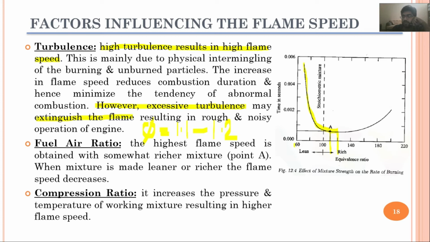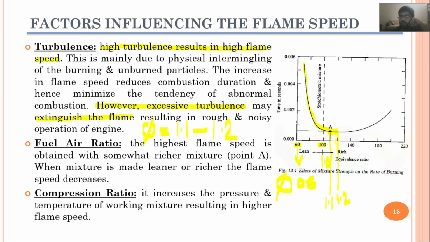Okay, on the x-axis you can see this is 60 and this is 100, so it is given in percentage form. If I write it in equivalence ratio form, it will be 0.6, and this one will be 1.0, and this point will be 1.1, and here this is 1.2.